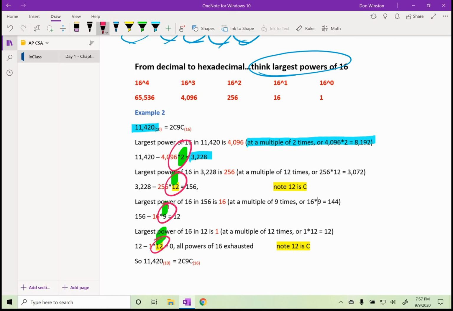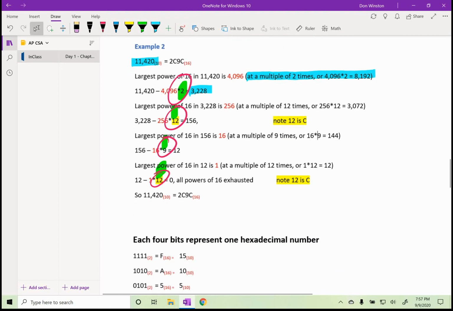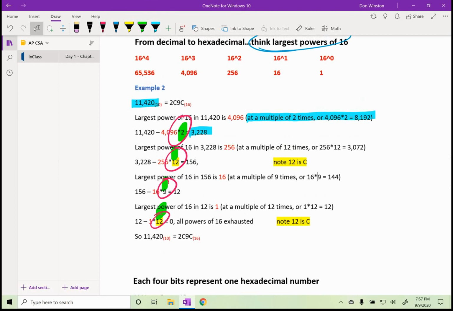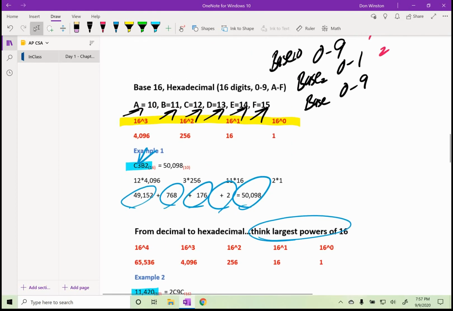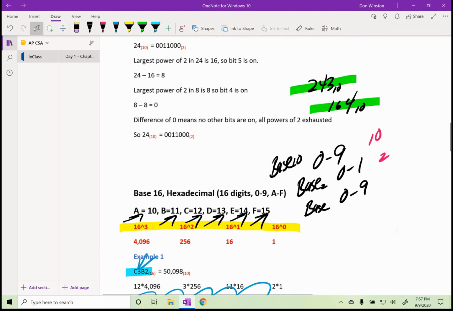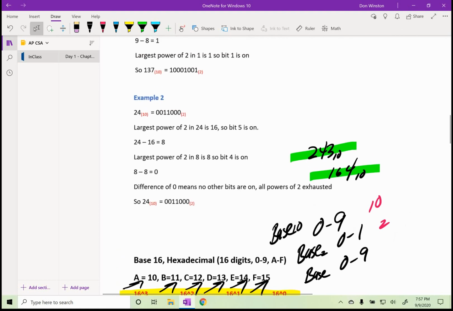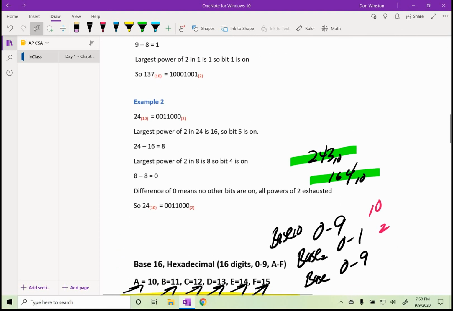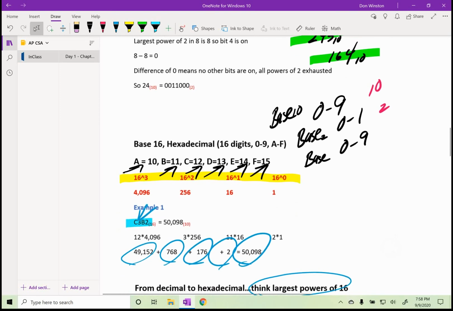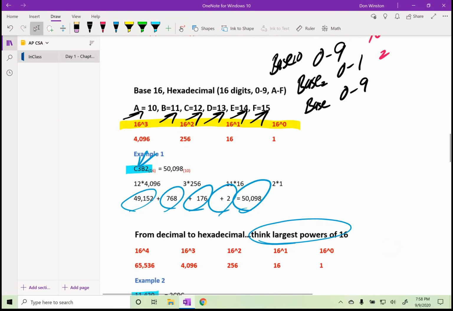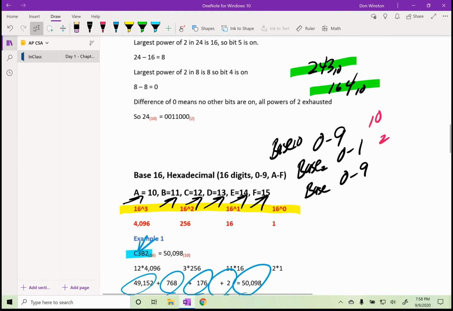But the process is the same. Going from decimal to base 16 is just a little more work.